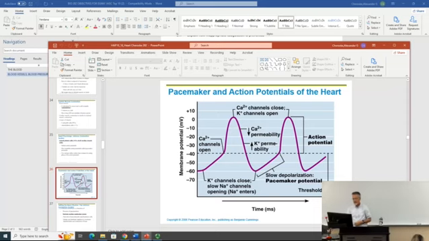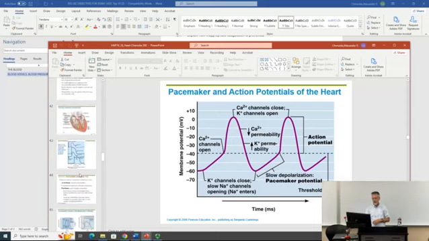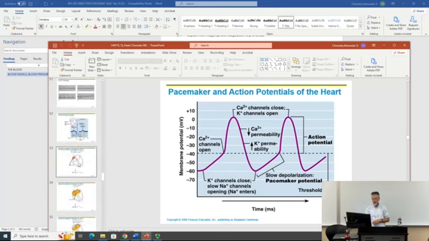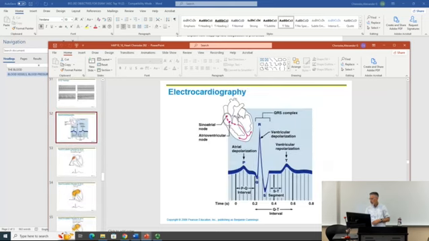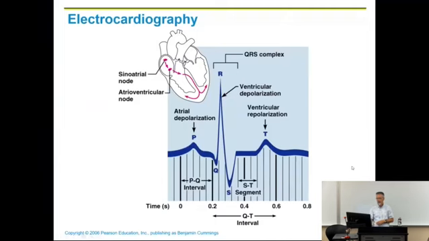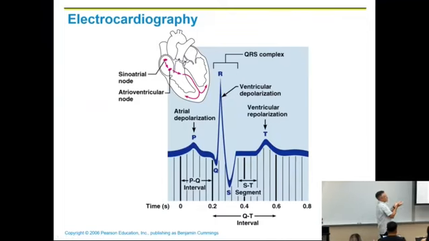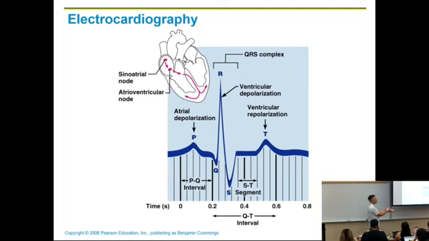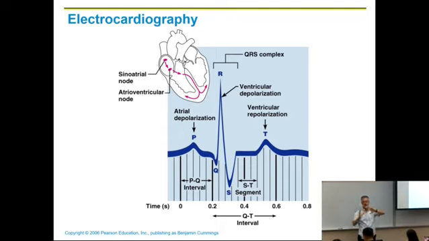So when we're talking about the ECG, that's a little bit different. With the ECG, what we're talking about is the heart overall. So we're not talking about individual cells. We're looking at an output that shows us these little spikes, if you will, that occur in electrical activity during a cardiac cycle when we're talking about the atria filling and then contracting and the ventricles filling and then contracting.